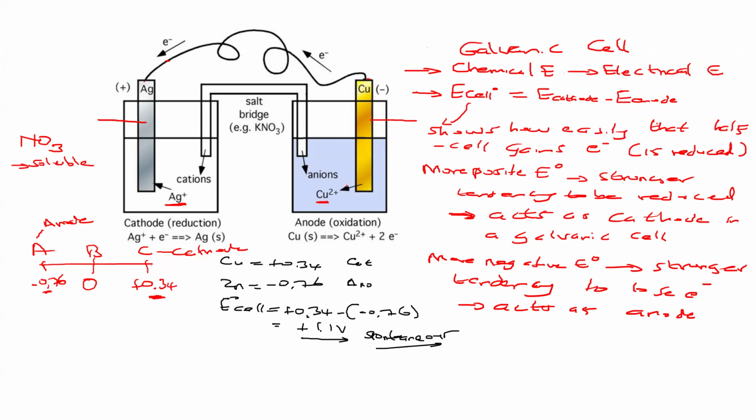So good people, now let's understand what's happening. For example, in this case we gave you silver and copper. Before we can go any further, we need to understand what's happening.